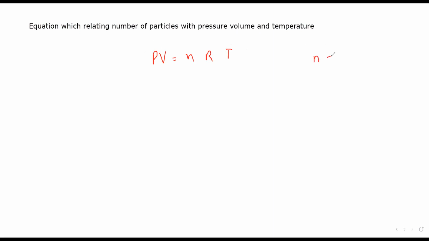And what is n here? n is the number of moles, and the number of moles equals the number of particles divided by Avogadro's number. In chemistry, you used to learn this formula: the number of moles equals the number of particles, atoms, or molecules, divided by Avogadro's number.